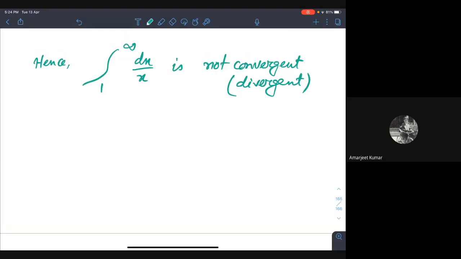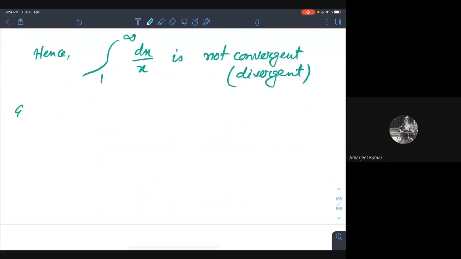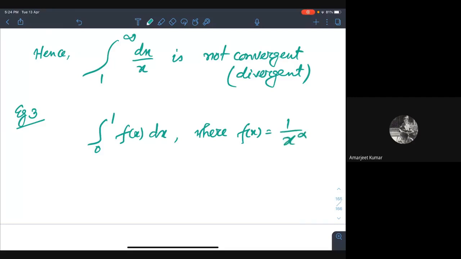Okay, look at another example. Example 3: integration 0 to 1 of f(x) dx, where f(x) is 1 over x to the power alpha, alpha bigger than 0, right?